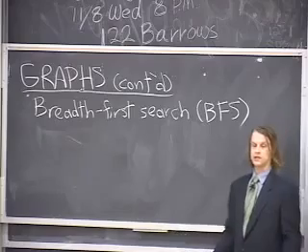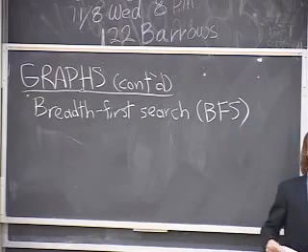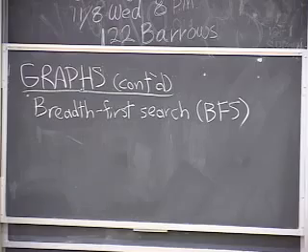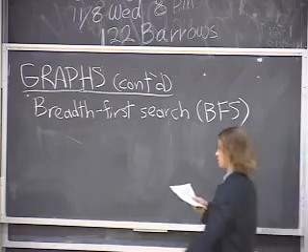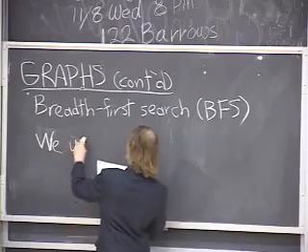Now, breadth-first search is a lot like level-order tree traversal. It's not easy to write it as a recursive routine. It's much easier to write it by using a queue. So that's what we will do.